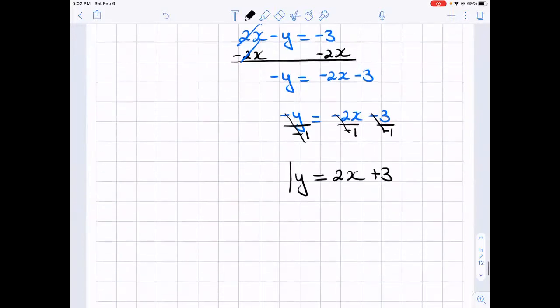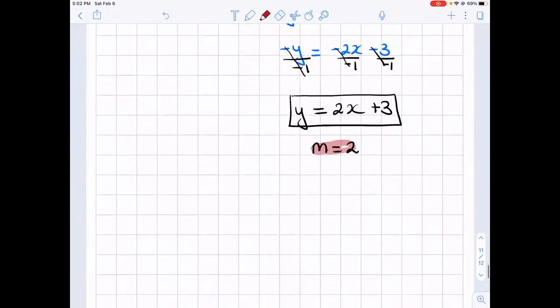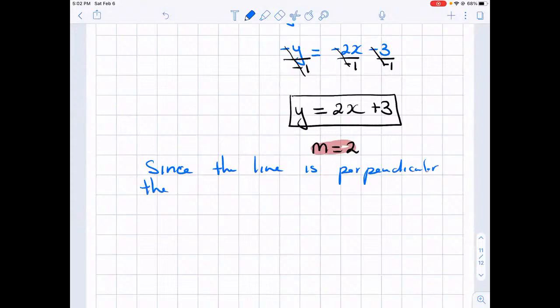So this is the slope intercept form of that line. So m here is equal to 2. But for perpendicular, since the line is perpendicular, the slope m is equal to minus 1 over 2.